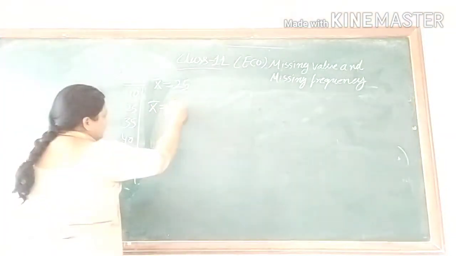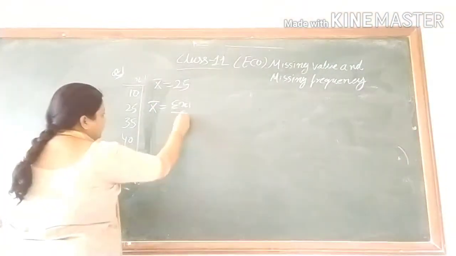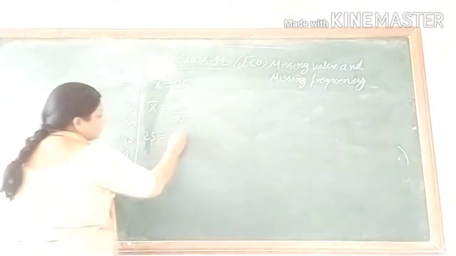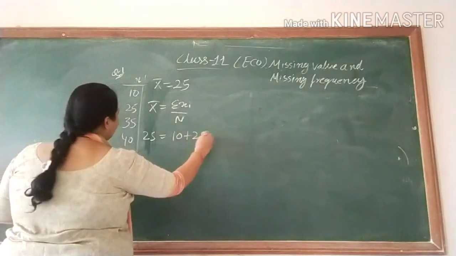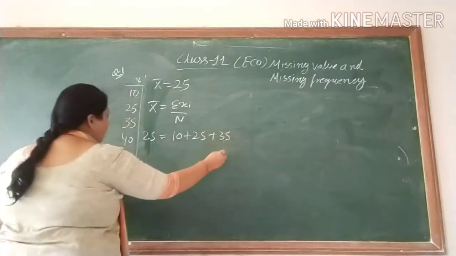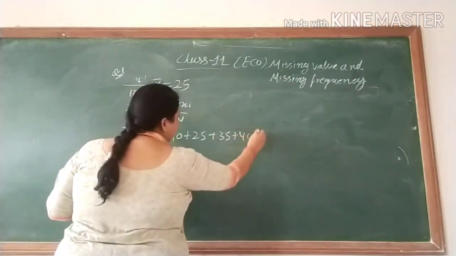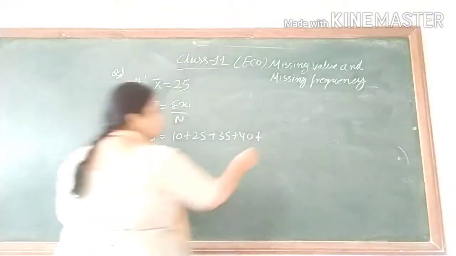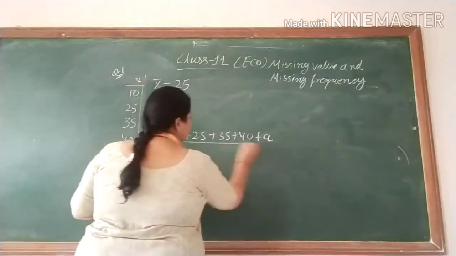X bar equal to sigma xi upon n. So x bar is 25. What is sigma xi? The sum of 10 plus 25 plus 35 plus 40 and the question mark, which we assume is a.